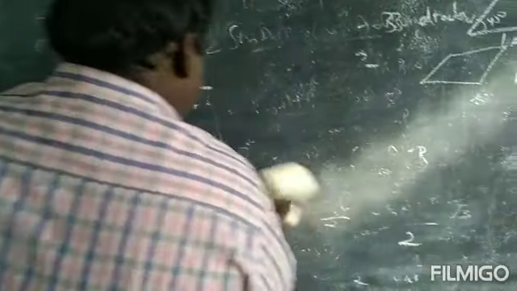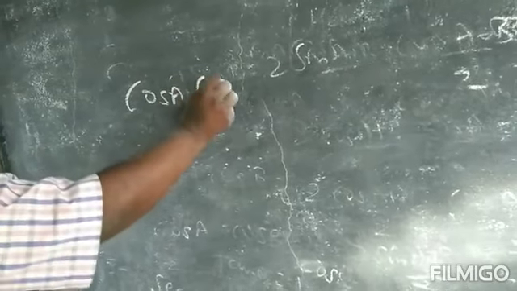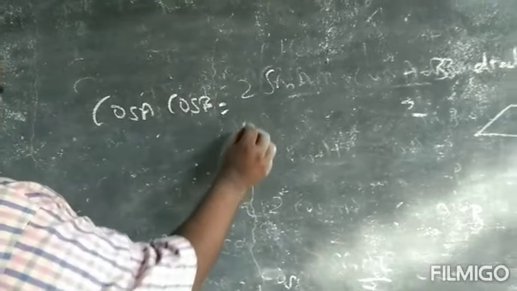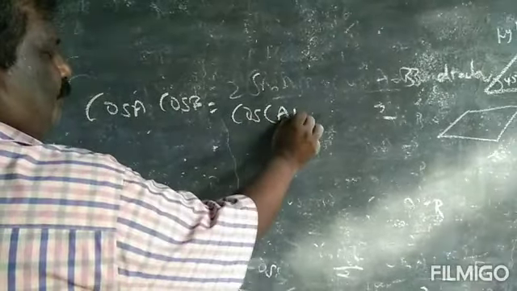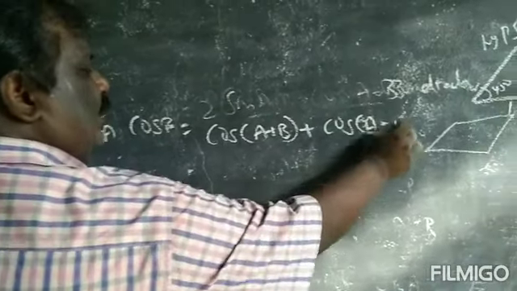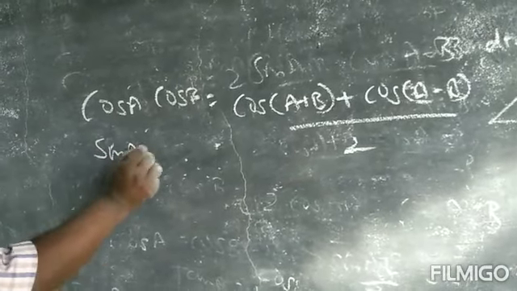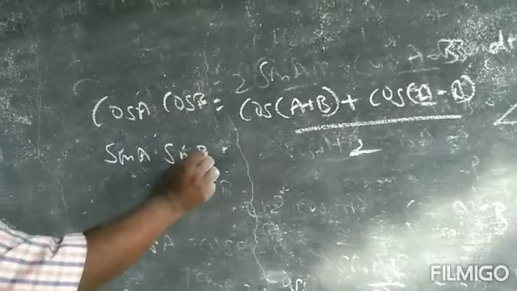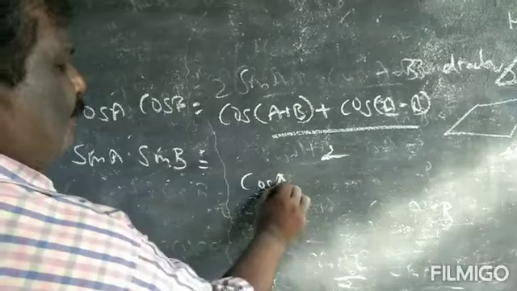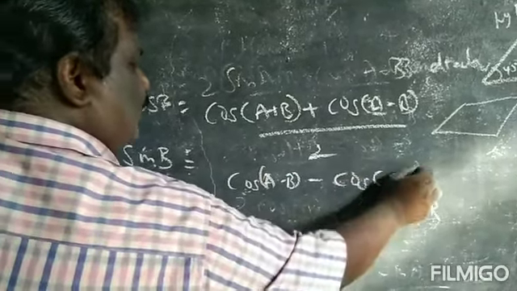Likewise, we have to compute the value of cos A into cos B. So cos A into cos B is equal to cos A plus B plus cos A minus B divided by 2. So sin A into sin B is equal to cos A minus B minus cos A plus B by 2.